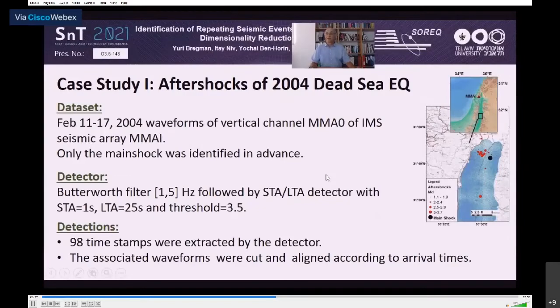First, we apply a detector, including a Butterworth filter, followed by the DeLTTa detector. As a result, we receive about 100 time steps. For each such time step, the associated waveforms were cut and aligned according to the arrival time.